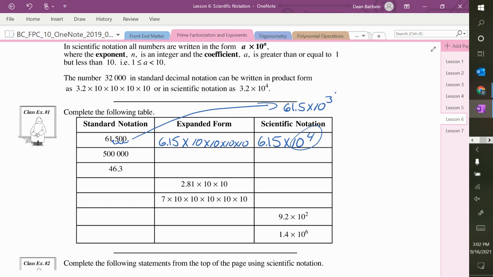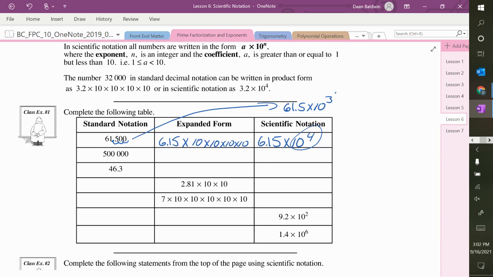Problem is, in scientific notation, this number, the number in front of the decimal, has to be between 1 and 9. You can't have like 61 there. Okay? So you always move it to the first digit. Is that clear?